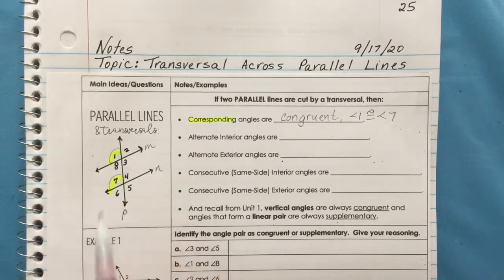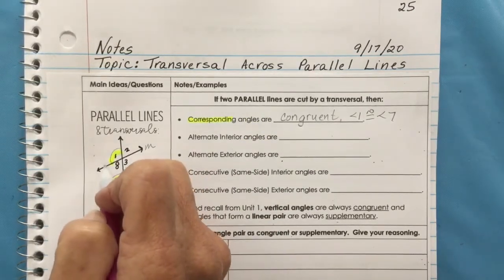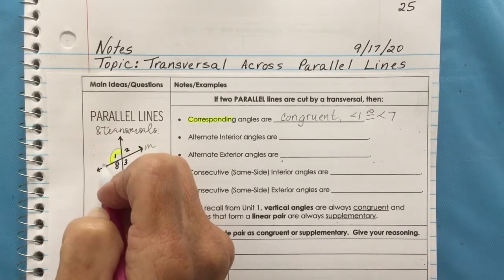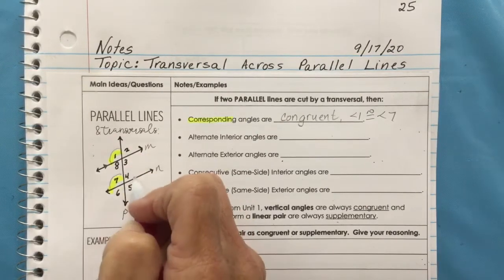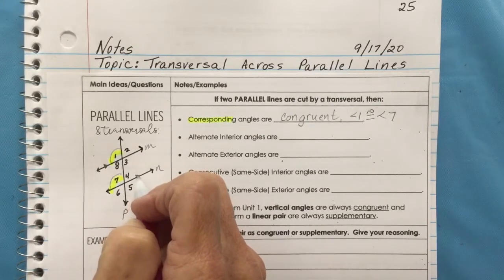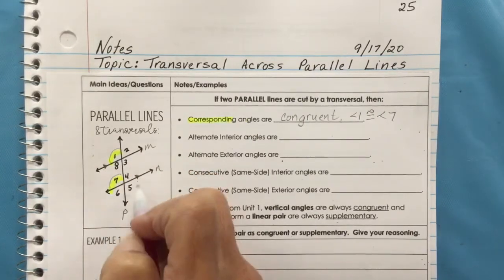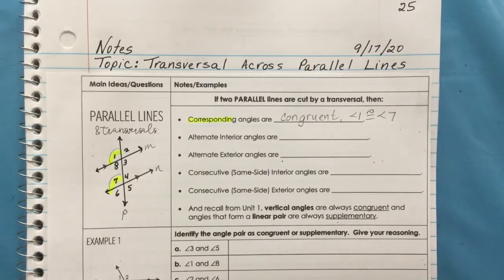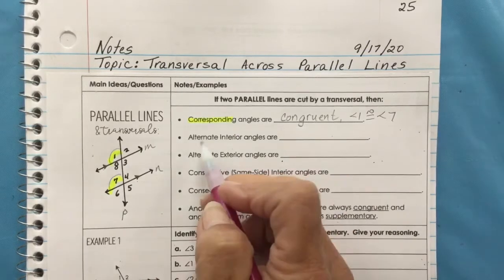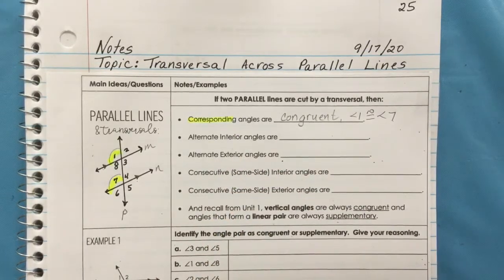So you first have to know they're parallel. So remember that to indicate that they're parallel, they will have an arrow on them that match each other. So a single arrow on this one and a single arrow on that one tells you that those two lines are parallel.